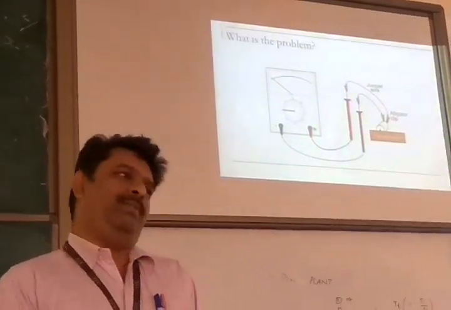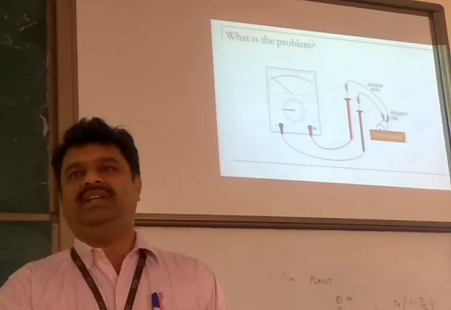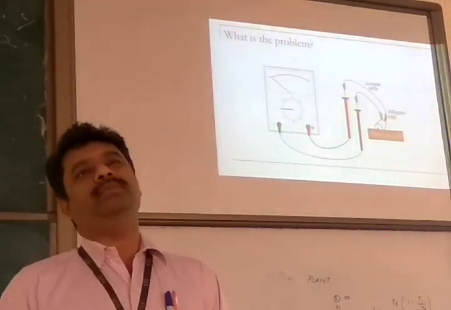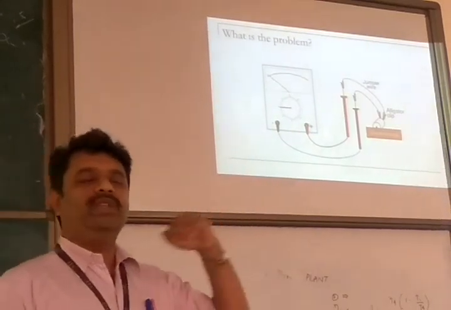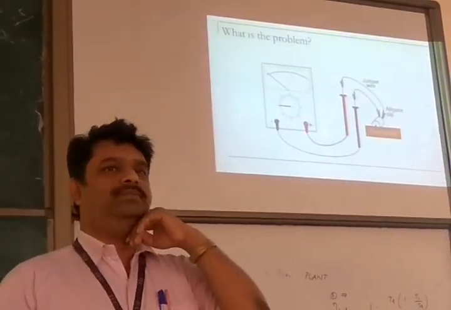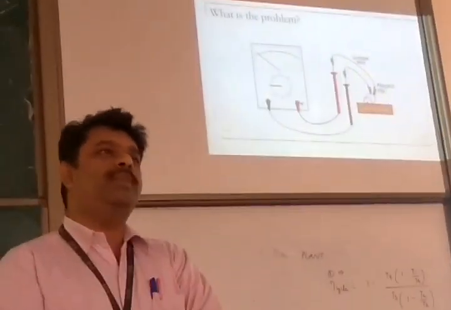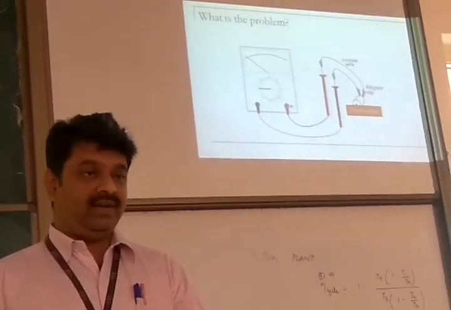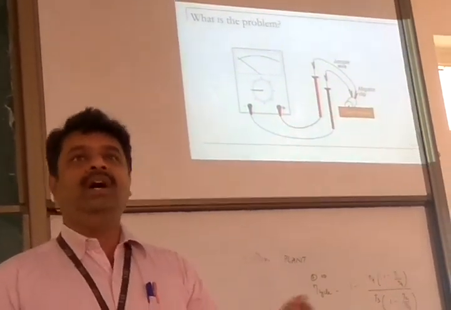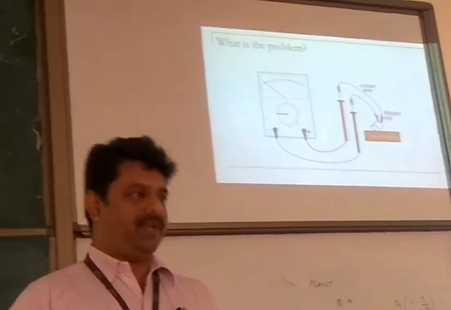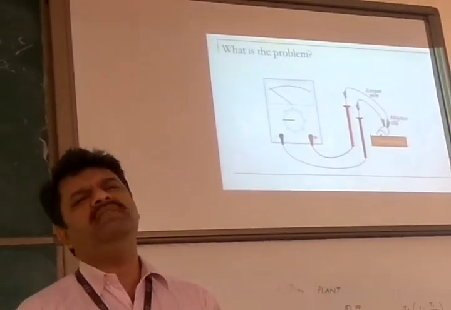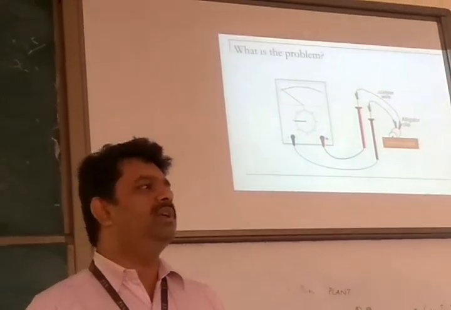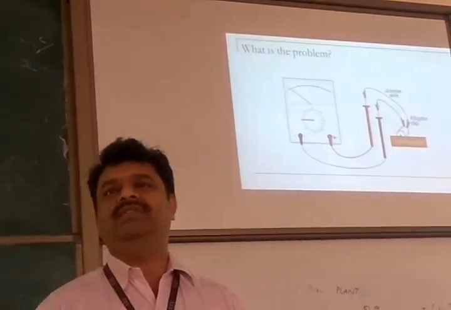I can make a table or a calibration equation, and finally end up getting the temperature. But if I am not able to read anything from the meter, then what will I do? That's a serious problem, because the signal coming out of the thermocouple due to temperature is very, very small. I am not able to even read it.